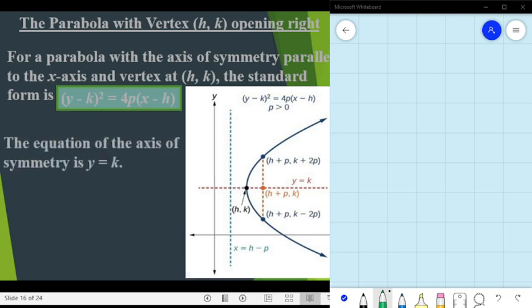So the equation of axis of symmetry for this opening right is y equals k. So ang y na pwede mong basihan because the axis of symmetry now is parallel to the x-axis.